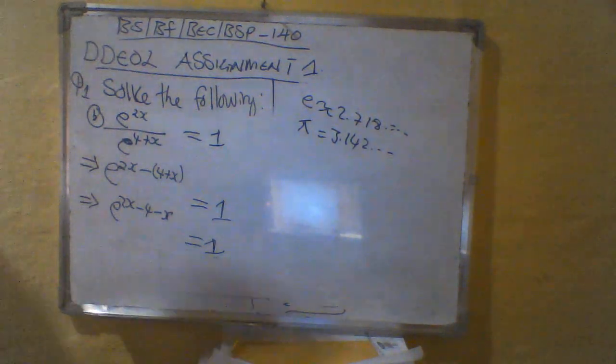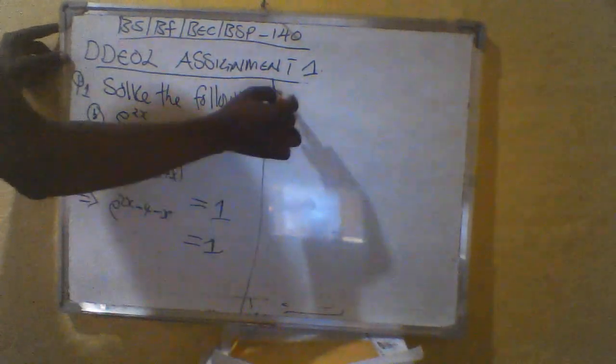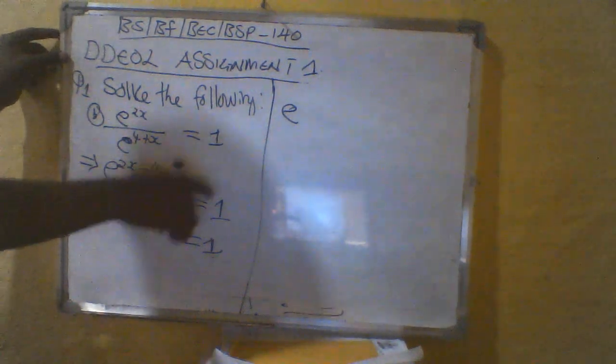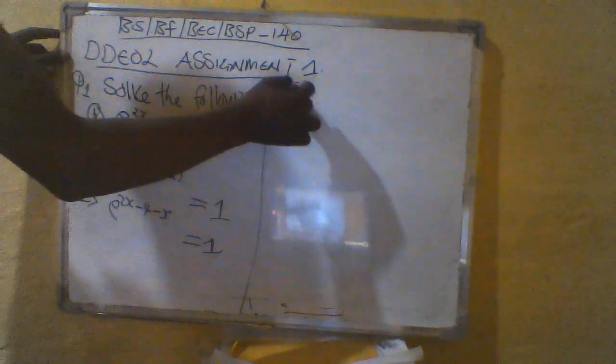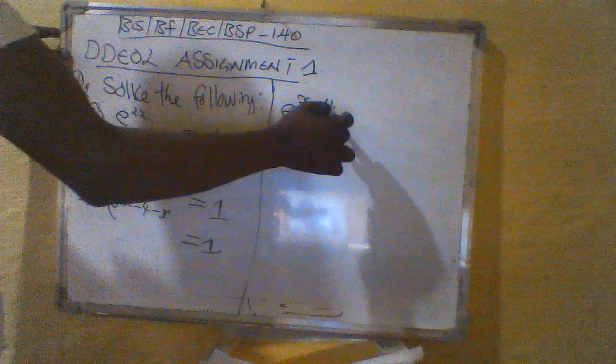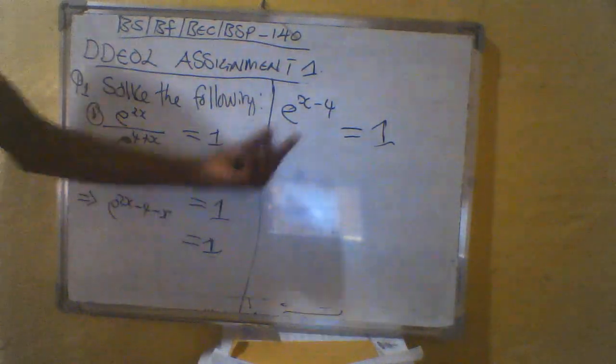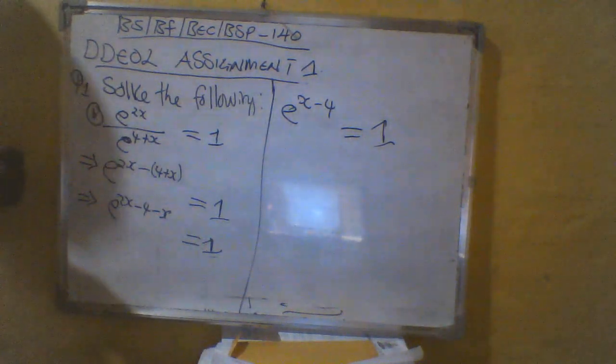Then continue the simplification. What do I have? I'm now going to have e power 2x minus x, which is x, minus 4, to give me a 1. So after simplifying my left hand side, I'm going to have that expression.